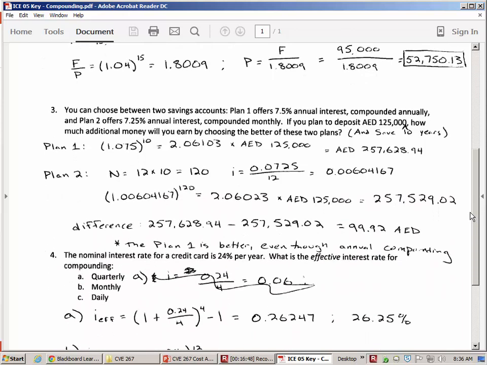Okay, question 3, it's starting to get a little bit more complicated because the effect of compounding on a monthly basis is what we're taking into account. So it's like you're comparison shopping between two different savings accounts. One bank says that they have the higher interest rate, and the other bank is saying, well, our interest rate is lower, but we compound monthly.